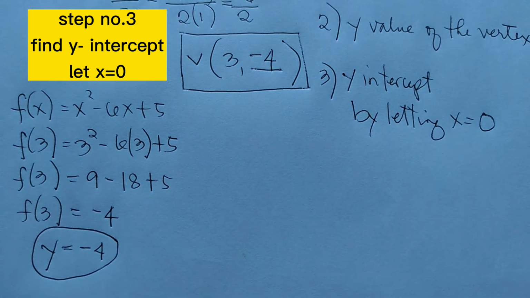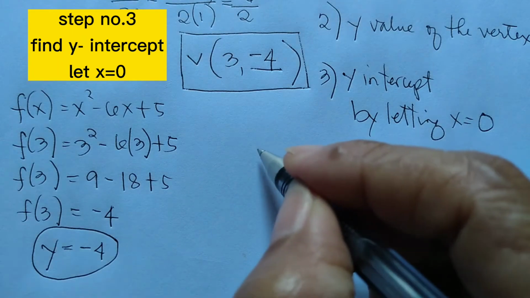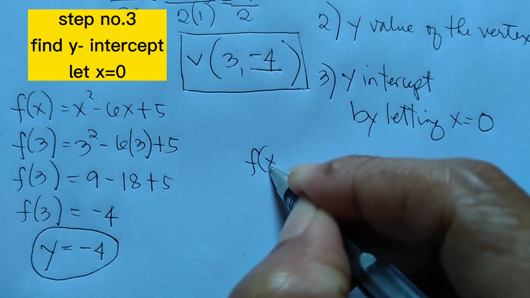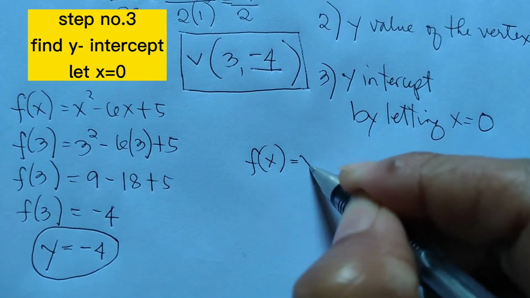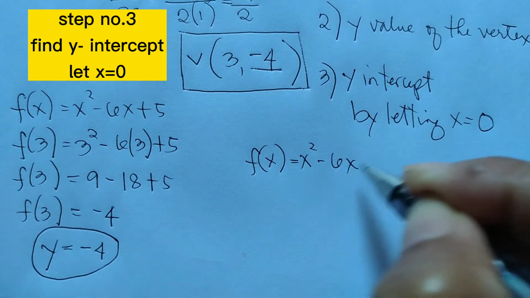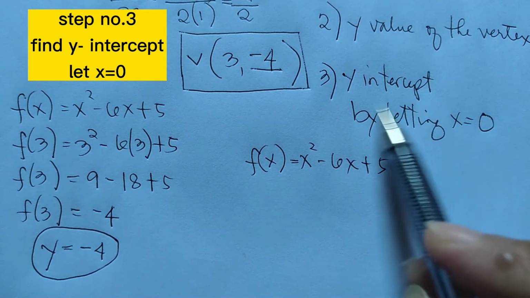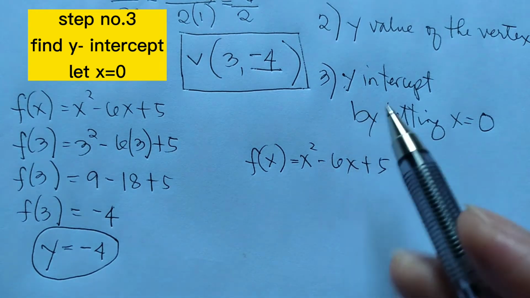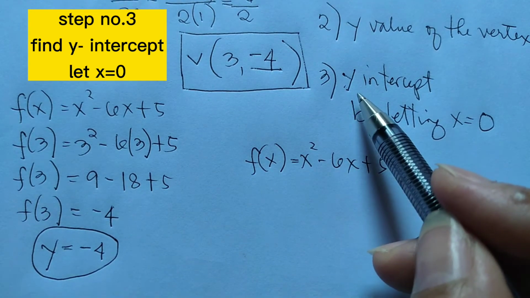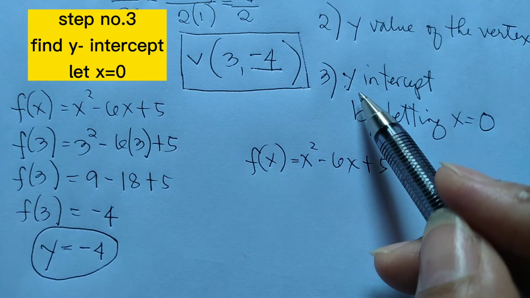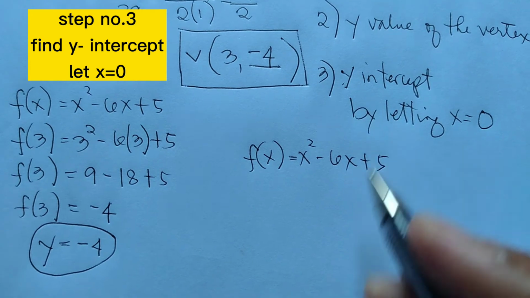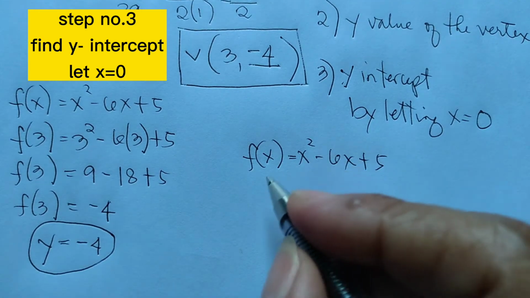So, how do we do that? From the given function, f of x is equal to x squared minus 6x plus 5. Let x be equal to 0 to find the value of the y-intercept, meaning the point where the parabola crosses the y-axis. So, let x be equal to 0.